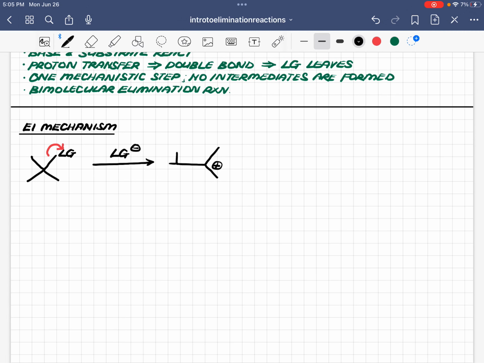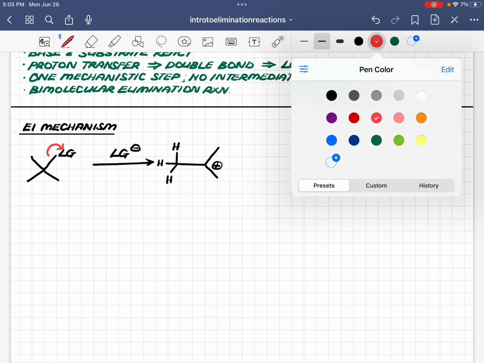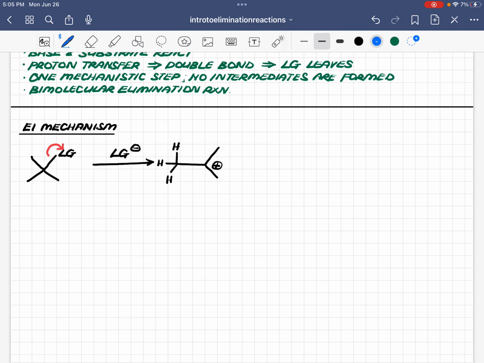Let me draw out the hydrogens on this end. So we form a carbocation intermediate.